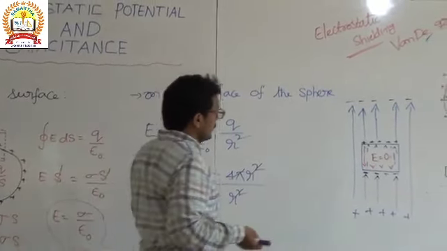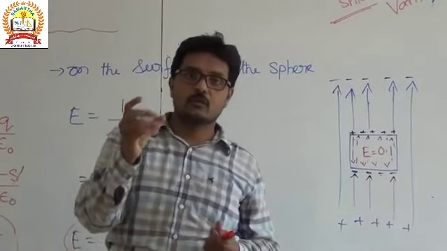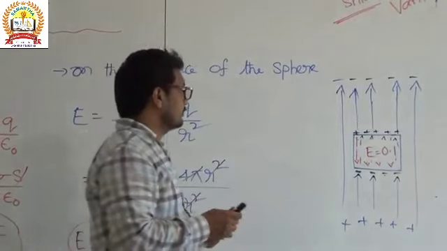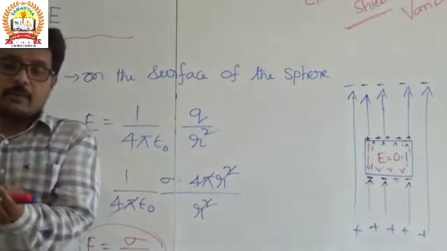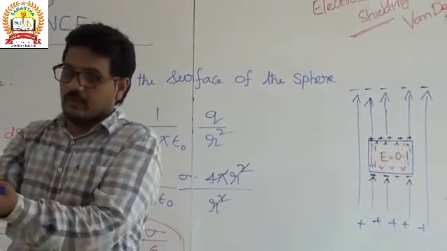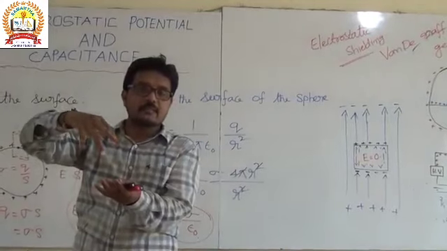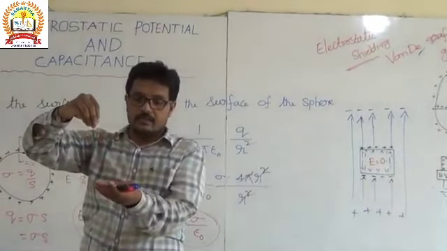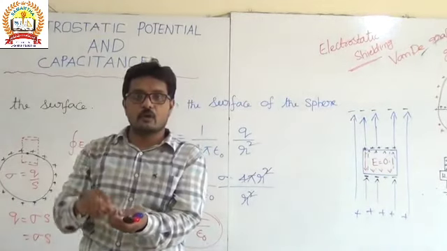Or one more example you take. If you take the galvanometers or the voltmeters, those meters are placed in the metal box. If any spark strikes the metal box, it cannot pass through because inside that electric field is 0.